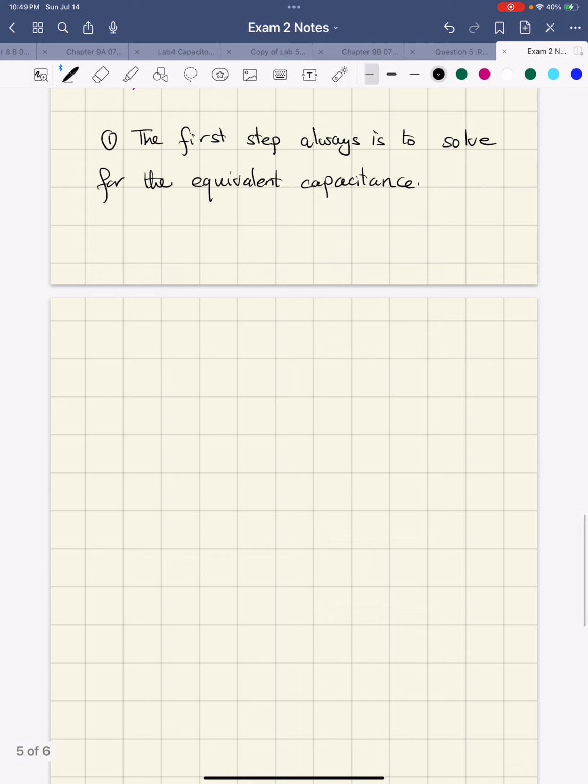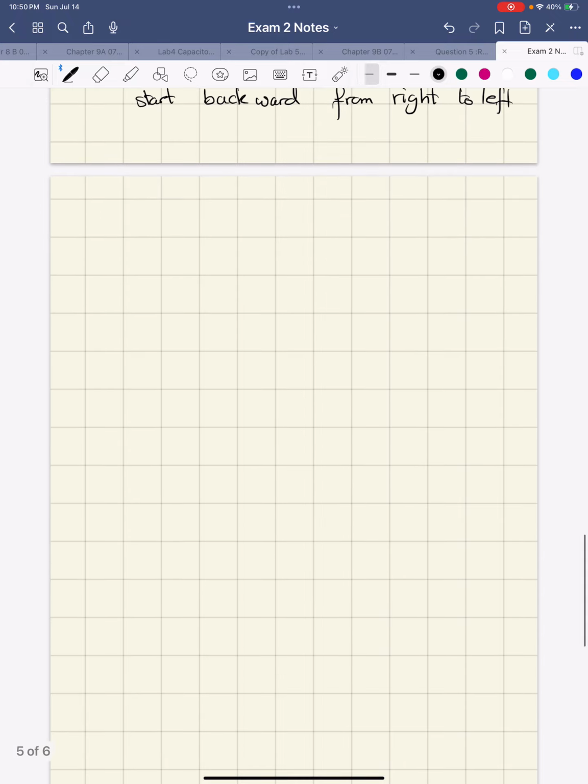And I will start backward, from right to left. All right, then I'm going to redraw the last three, which are to the right.